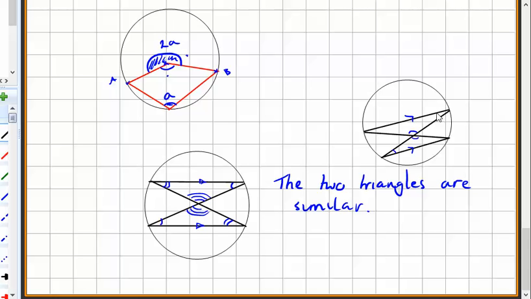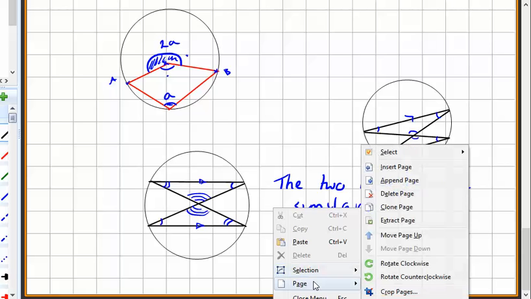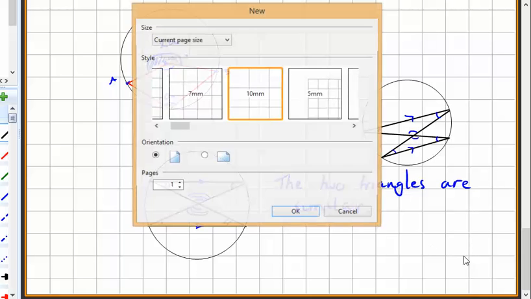We know this angle and this angle, and therefore this one and this one are the same. So the triangles are different sizes, but we know they're similar because of the thing we know about angles within triangles. Okay. Any questions on any of those at the moment? Anything we want to go back to have a quick look at and ask?